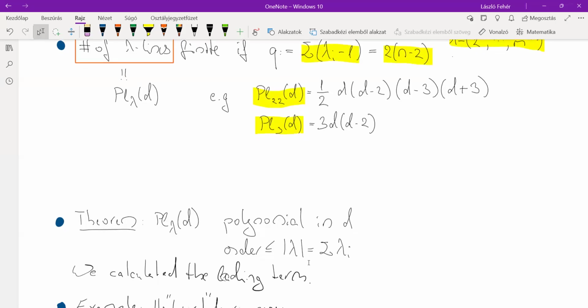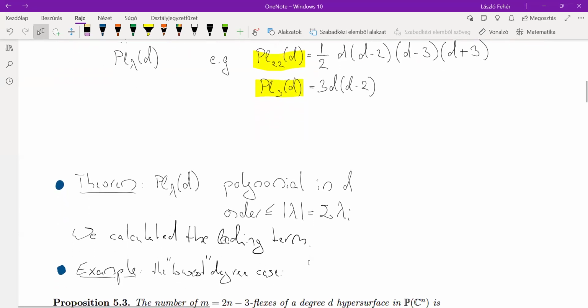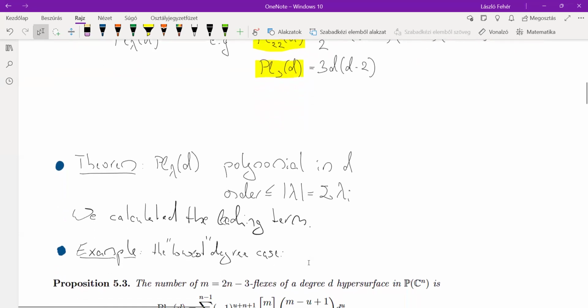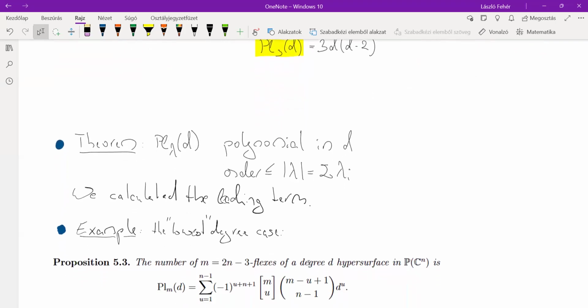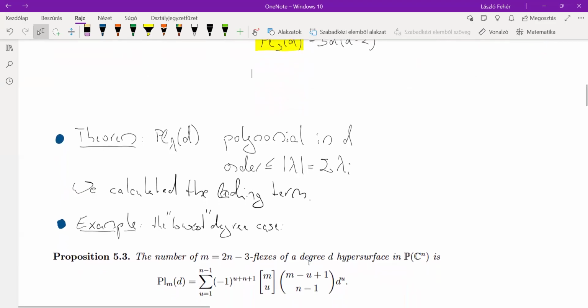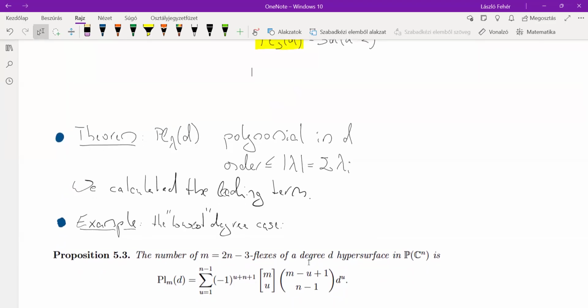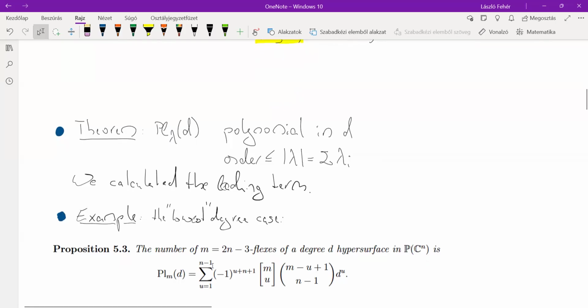We can also calculate the leading terms, so in some sense we understand the asymptotics of these formulas. The extreme case is when the partition has a single part. I call them, as other people do as well, the m-flexes.